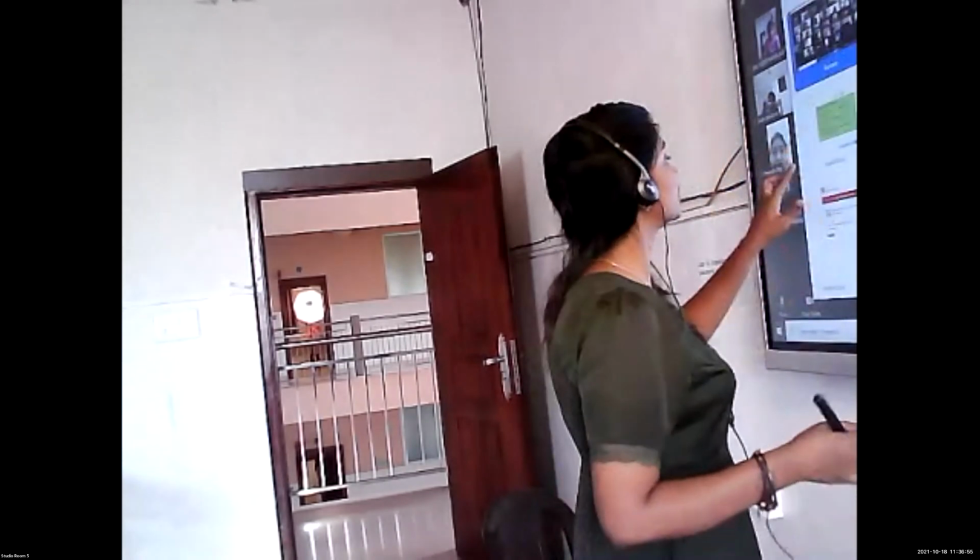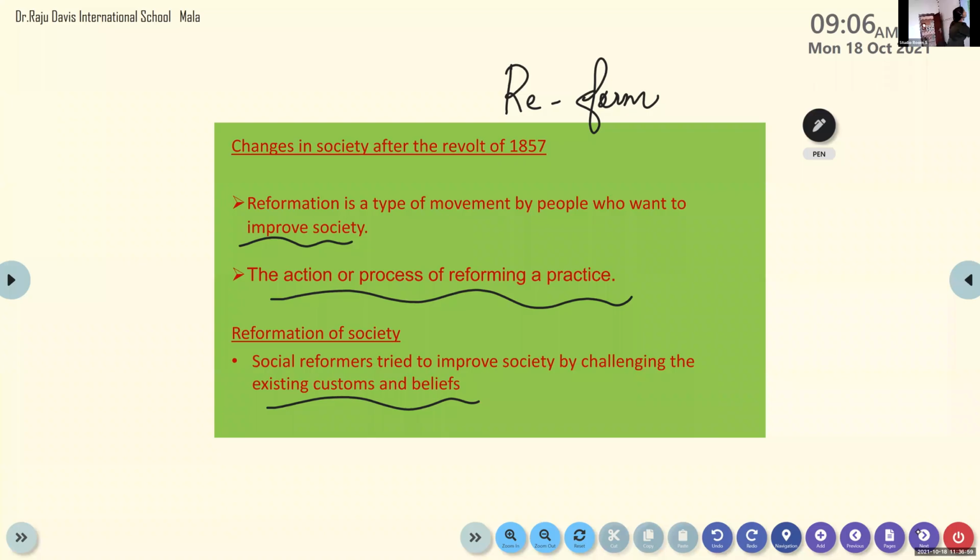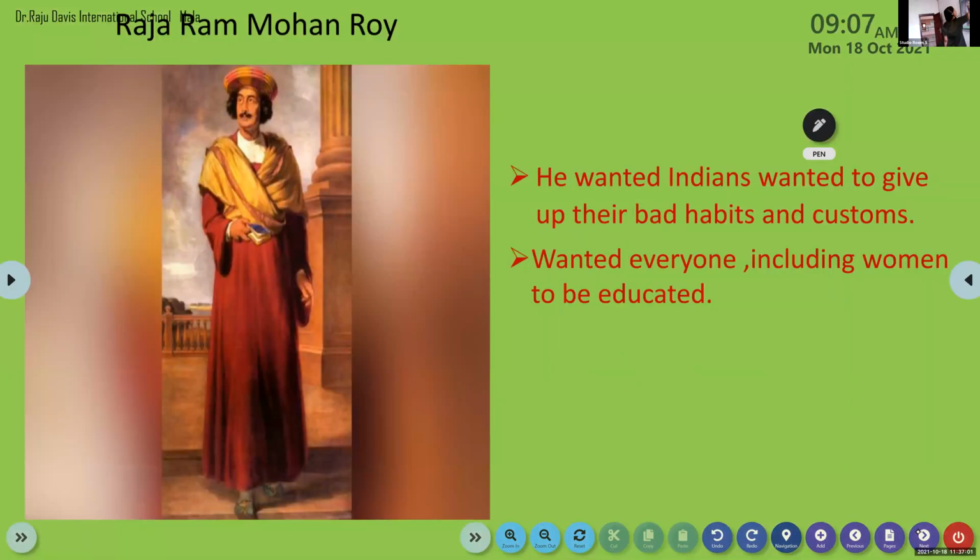It was not an easy task, because the Indians, especially the Hindus, we should note this, blindly believed in some of the customs and practices like this. So it was not an easy task to reform religious people. So the reformers tried to change the society.